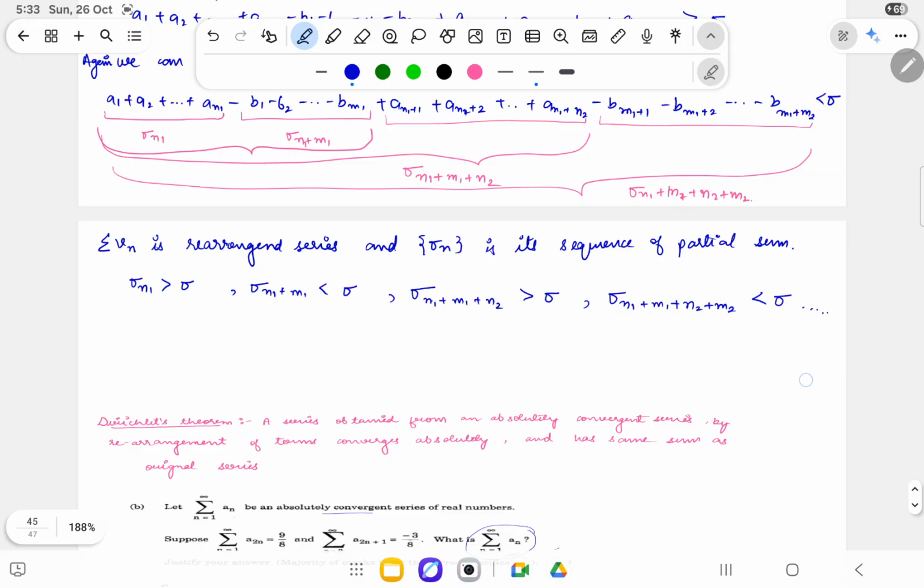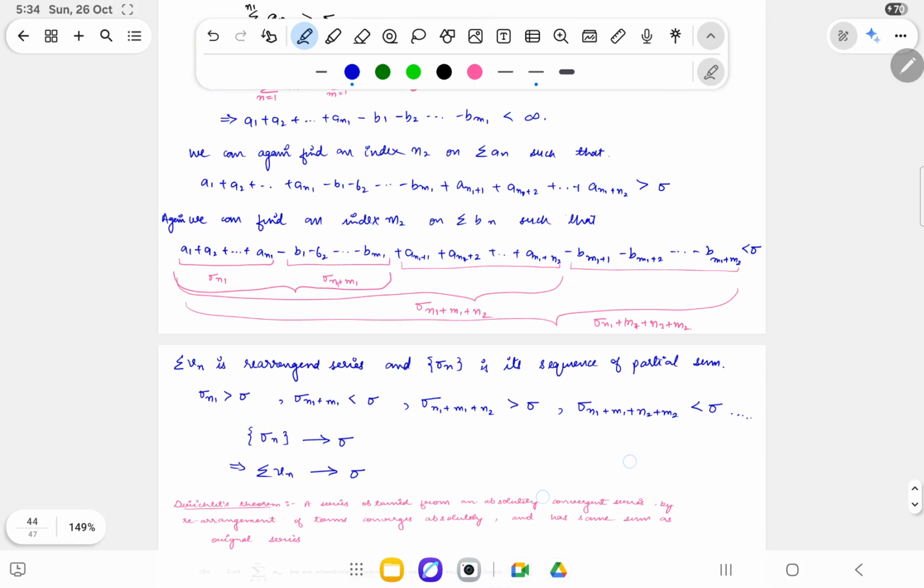That's how we got a sequence sigma n which converges to sigma, because at one moment the partial sum is greater than sigma, and at another moment it is less than sigma. So we can use the sandwich result here, which shows that the rearrangement summation vn converges to sigma.